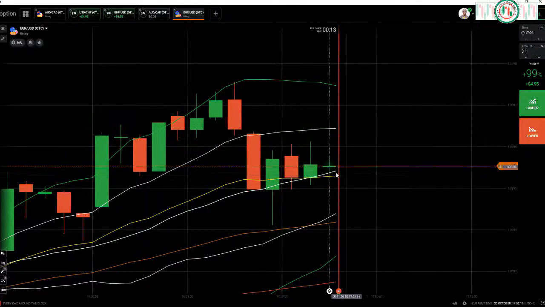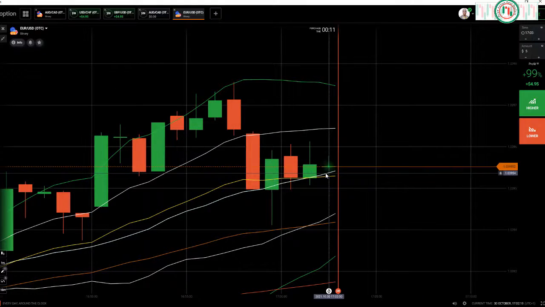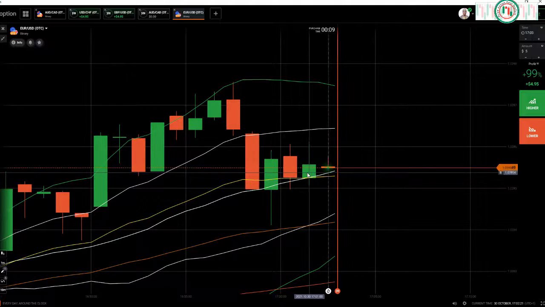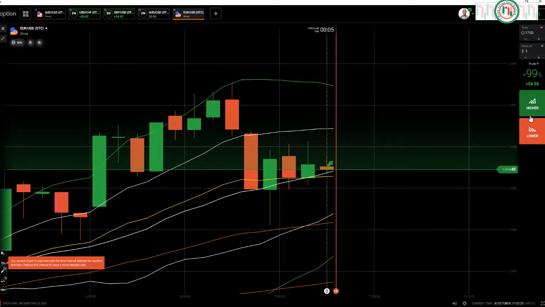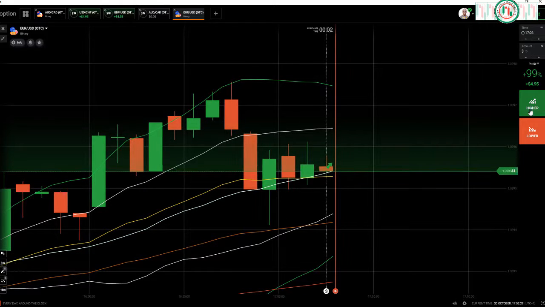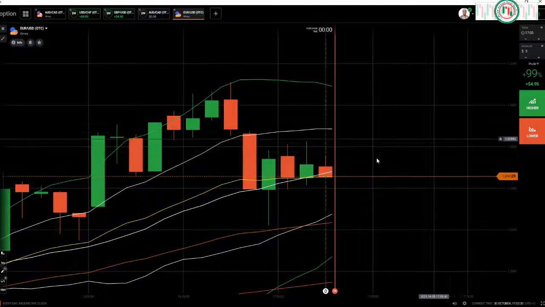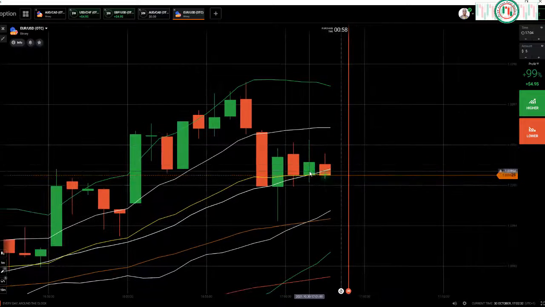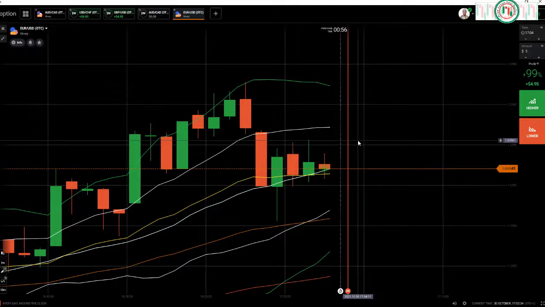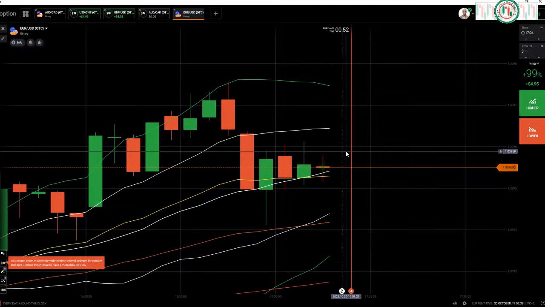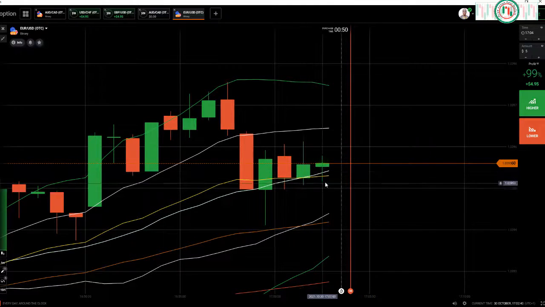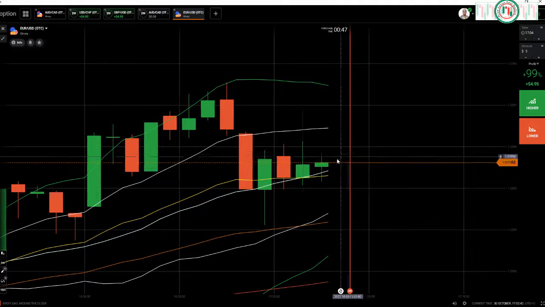I want the market to reject from the 50% of this candlestick. Rejection, no rejection, so I will wait. See, the market is not rejecting, so because I didn't see rejection, that's why I didn't place my trade.